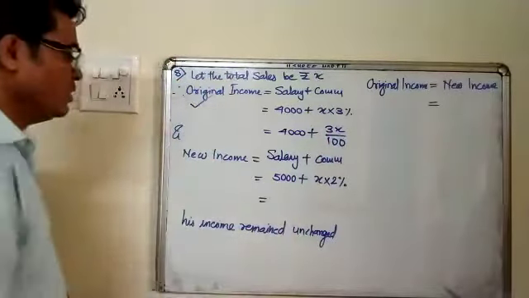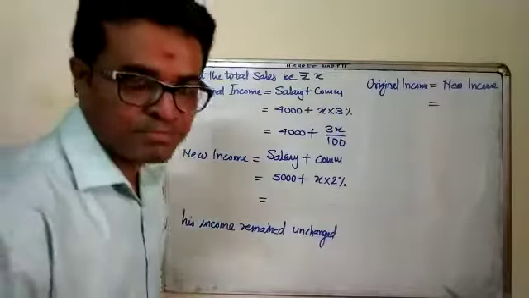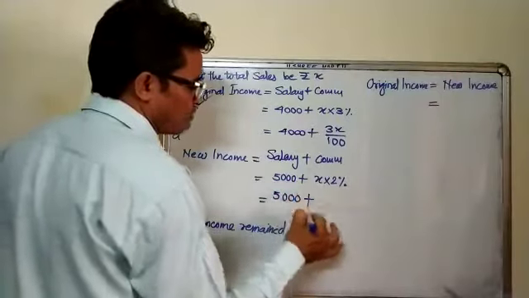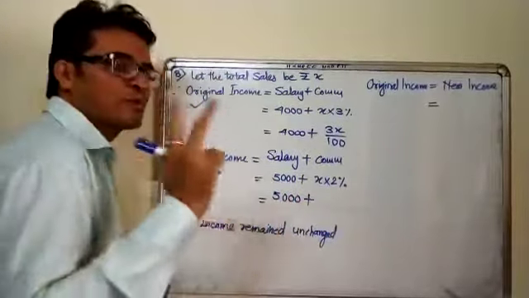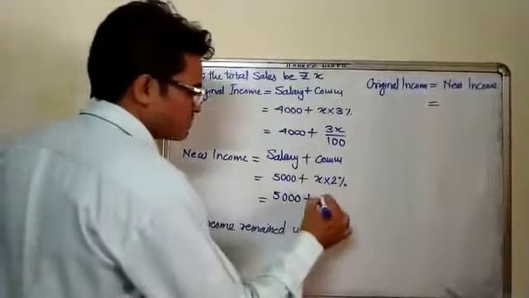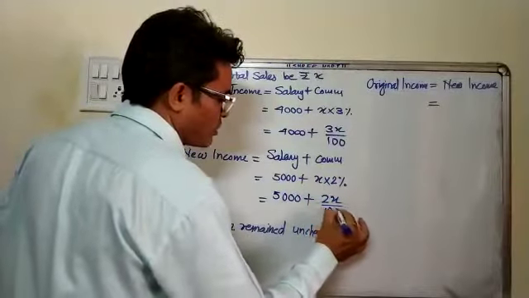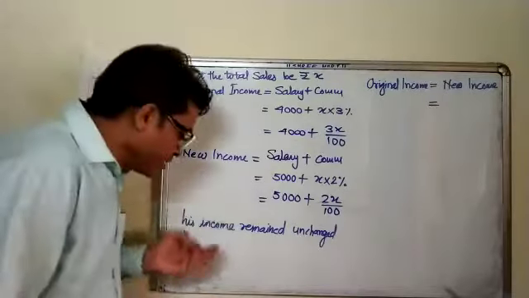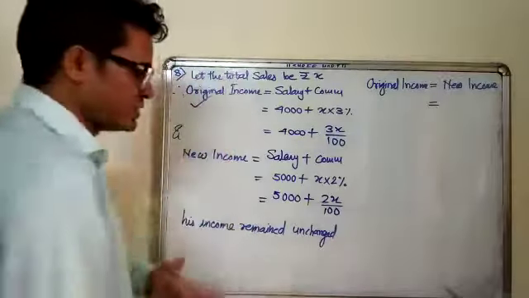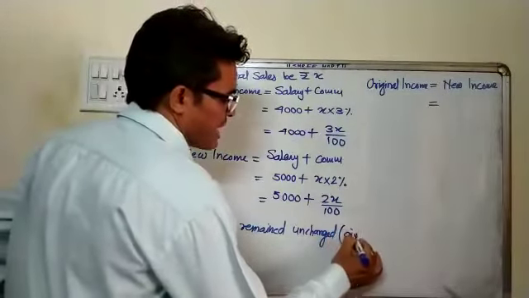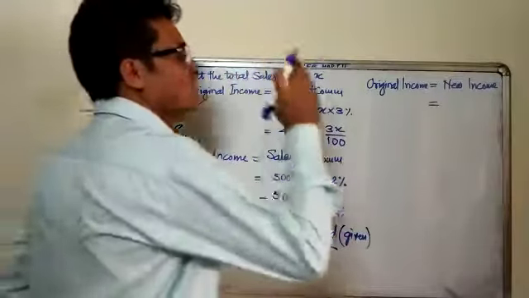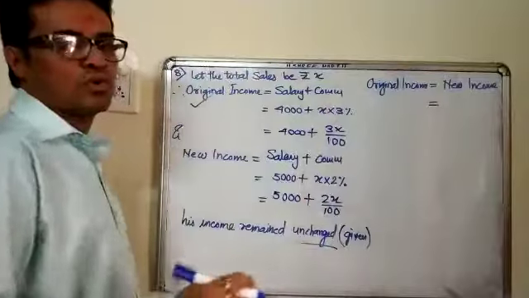Next new income, again same, salary plus commission. Salary is 5,000 plus commission of 2% on X comes to 2x upon 100. As per the given information, his income remained unchanged. It is given income remains unchanged, means original income is equal to new income.